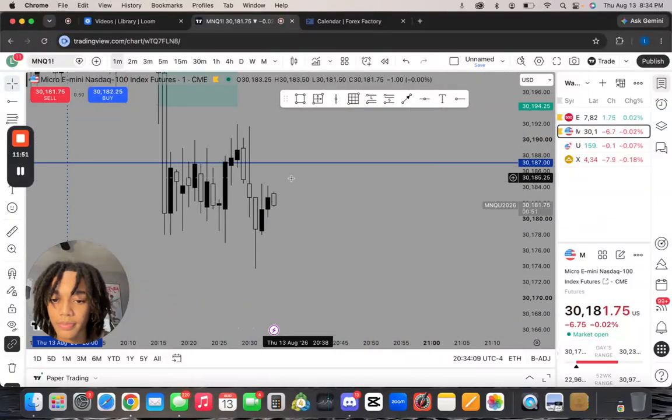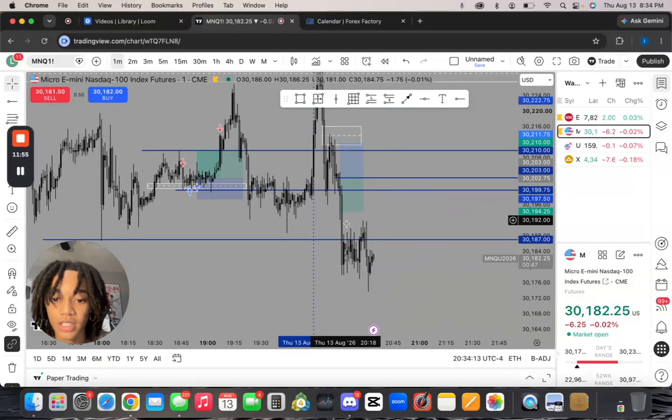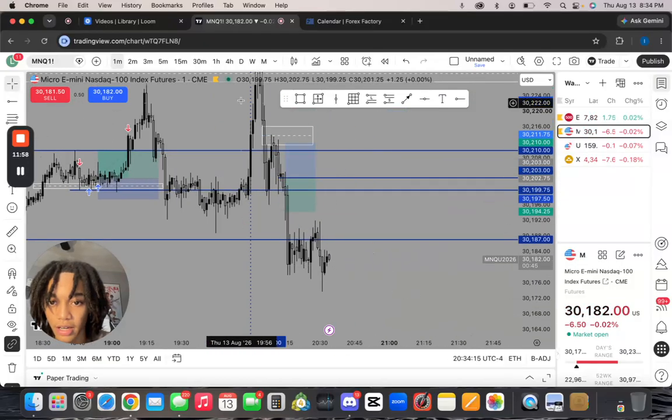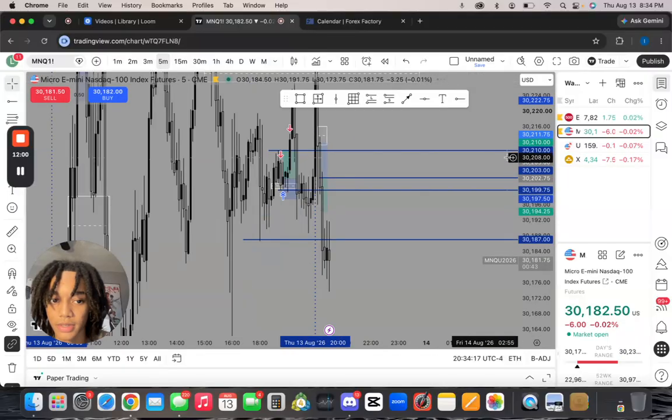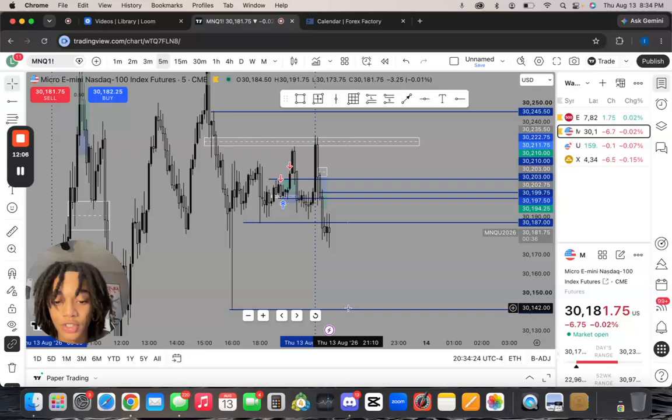If we don't dump, it's kind of hard to read because we don't really have a clear direction. This is the only clear direction I'm seeing in the low time frames now, is that price has actually broken through these levels, and now we are bearish, and price should go lower.